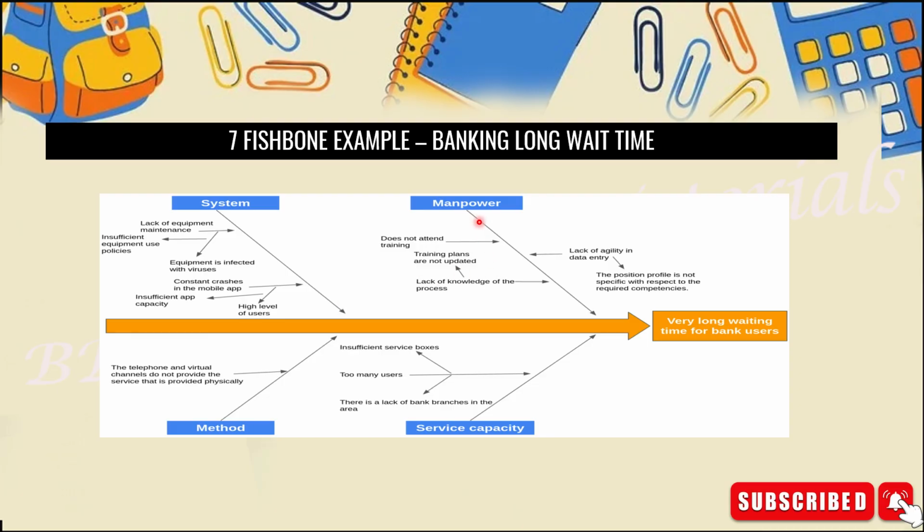And sometimes we can also see manpower, yes, required agents are not there to support the customers. We can also see the training is not provided as per the requirement on the subject. Sometimes we can also find the service capacity is not enough to give the proper answers, due to which there is a long wait time.